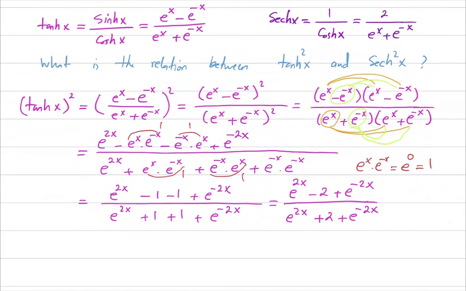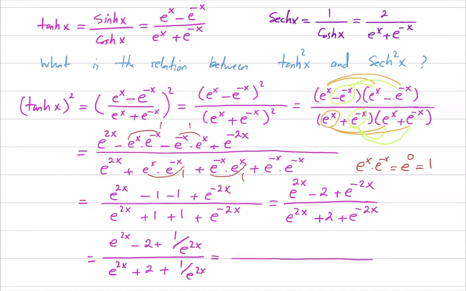So here you could also write this as e to the 2x minus 2 plus 1 divided by e to the 2x, divided by e to the 2x plus 2 plus 1 divided by e to the 2x. In turn, if you take the common denominator, you get e to the 4x minus 2e to the 2x plus 1 divided by e to the 4x plus 2e to the 2x plus 1.